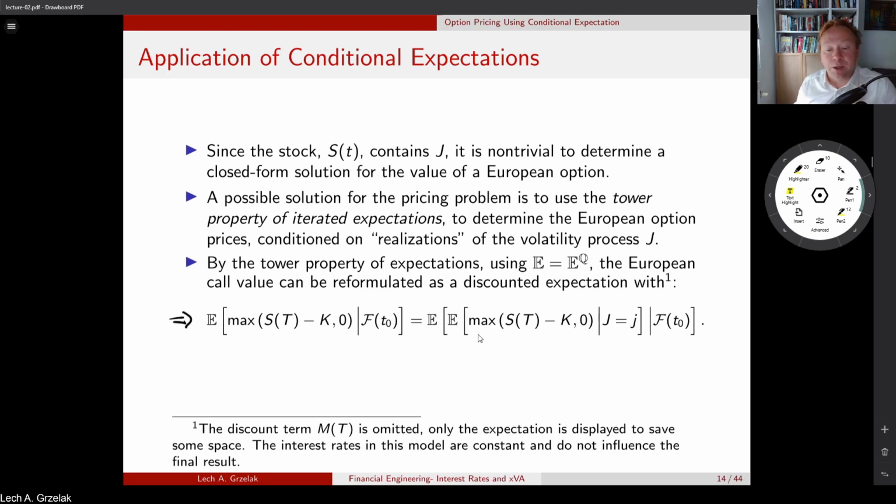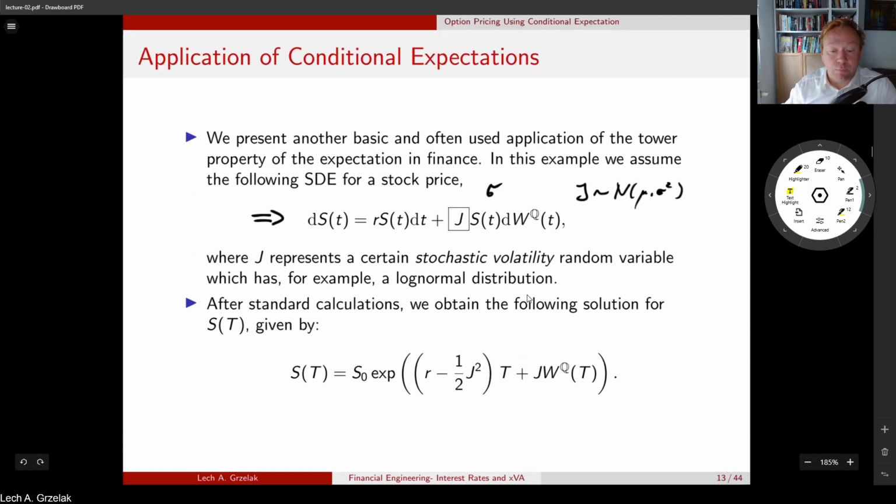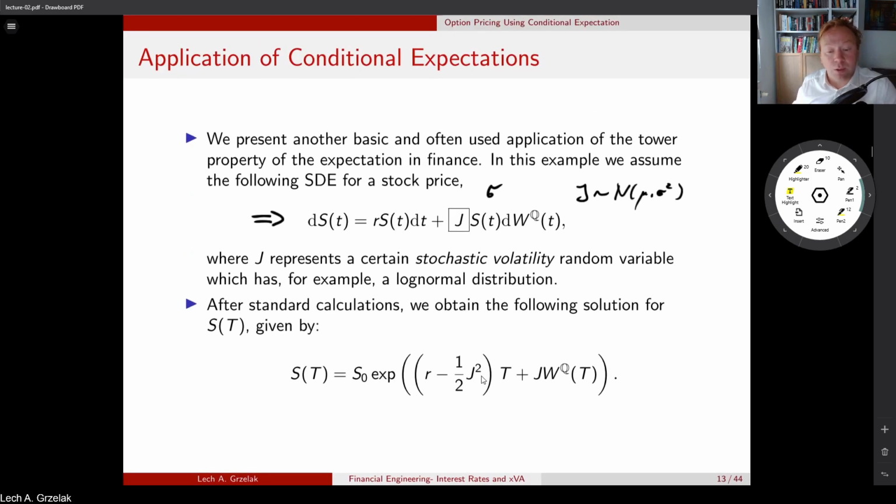This inner expectation basically means that if we look at the solution of our stock, we have just a small j, which is a simple realization. It is just one sample from J. So it's not stochastic anymore because we conditioned on J. Conditioning on J basically means we give it as a constant input.